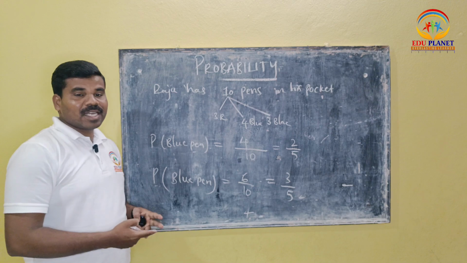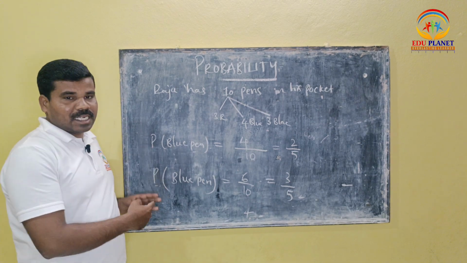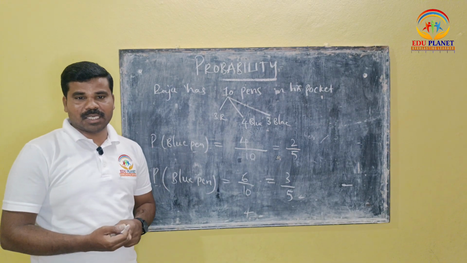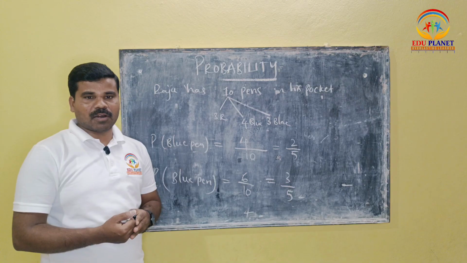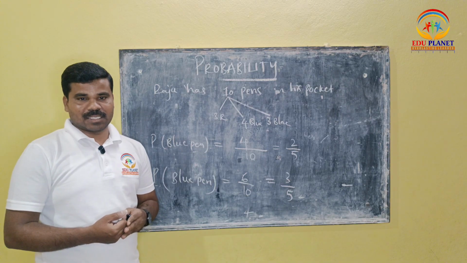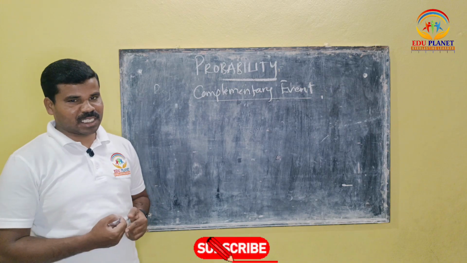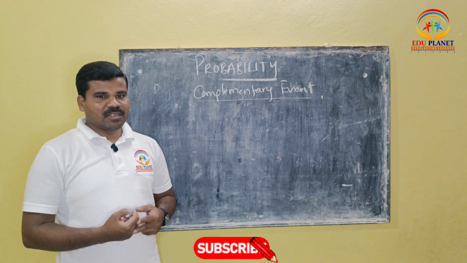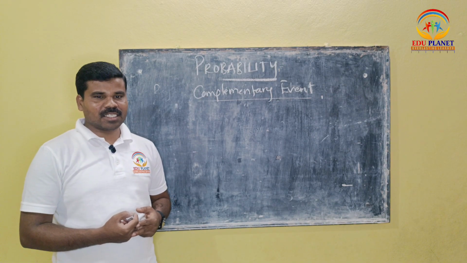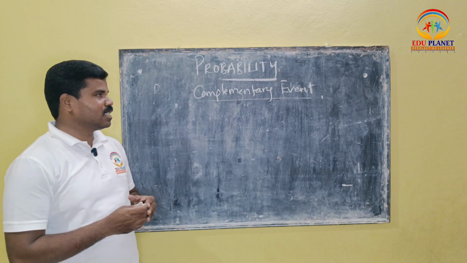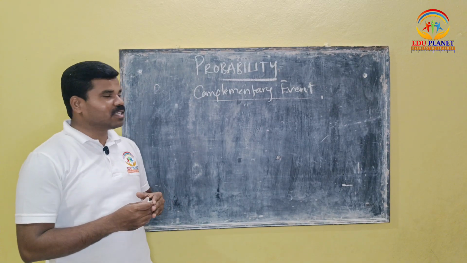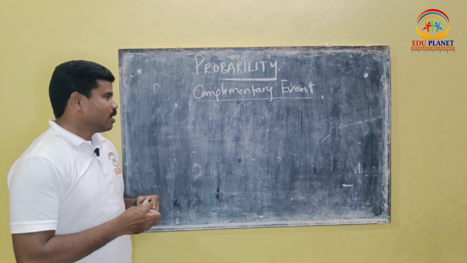But the same thing, the probability of an event and the probability of not event, can be calculated with the help of complementary events. In mathematics, of course, we have an idea about complementary angles. If two angles sum to 90 degrees, we call them complementary angles. In the same manner, complementary events also exist.